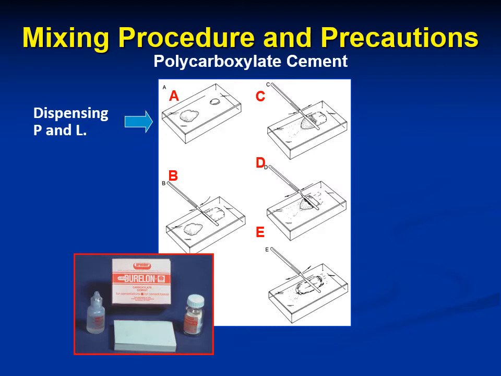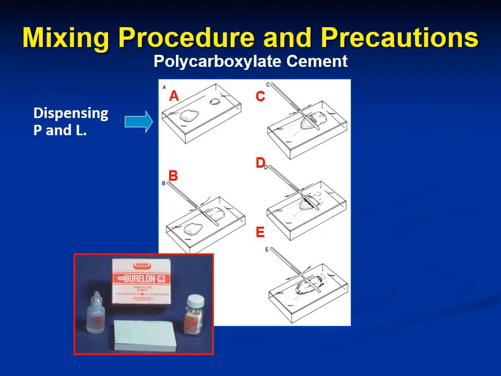And the reaction here is very rapid, and we cannot extend the working time by cooling the glass slab or cooling the spatula. Why? Because this will help thickening of the cement liquid and will give inferior properties.